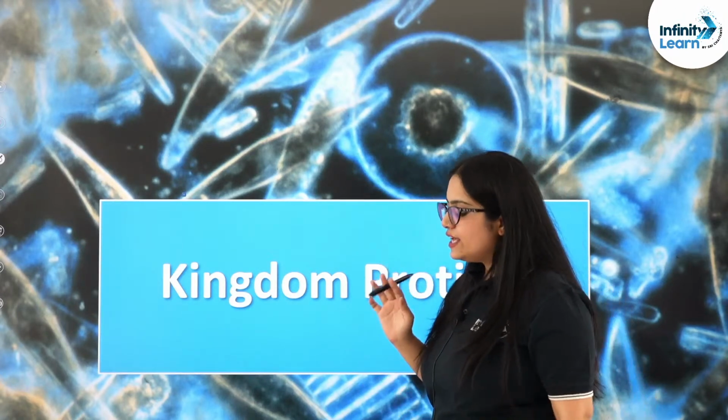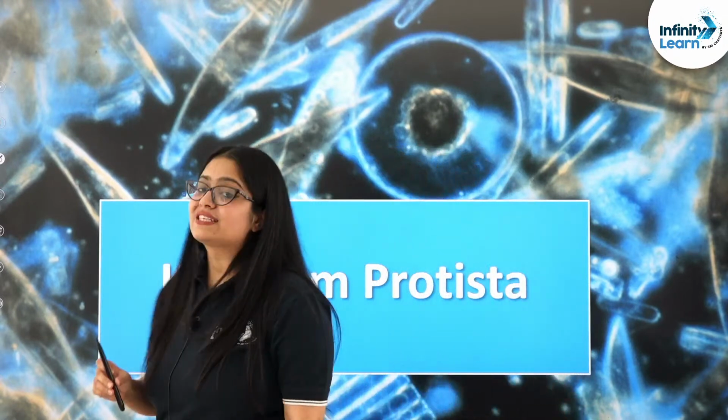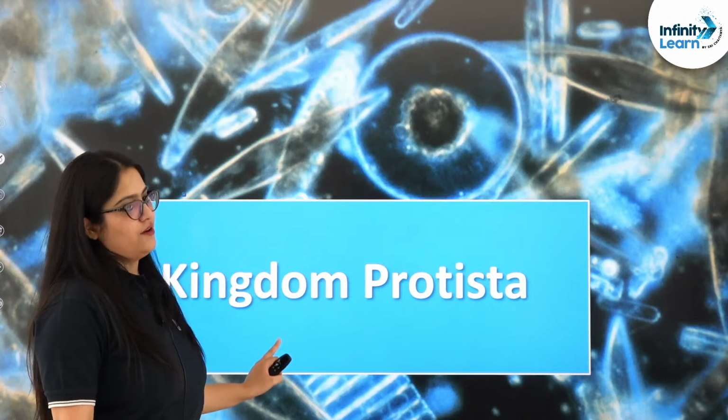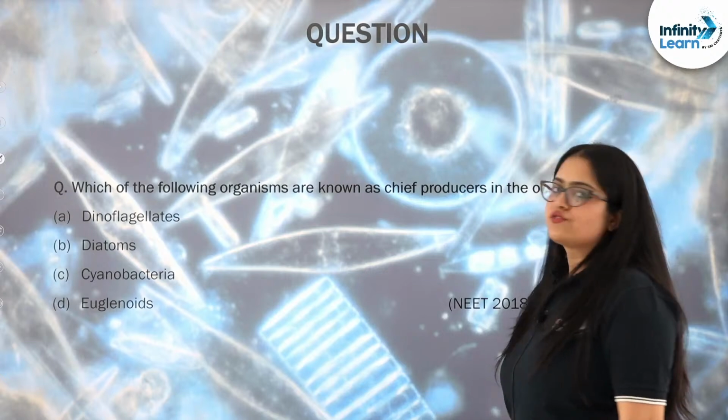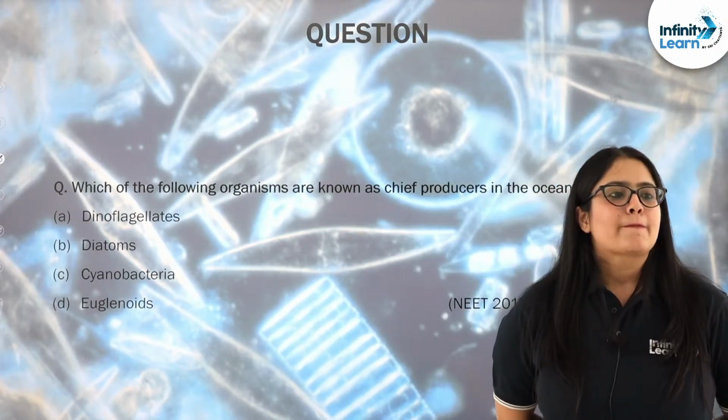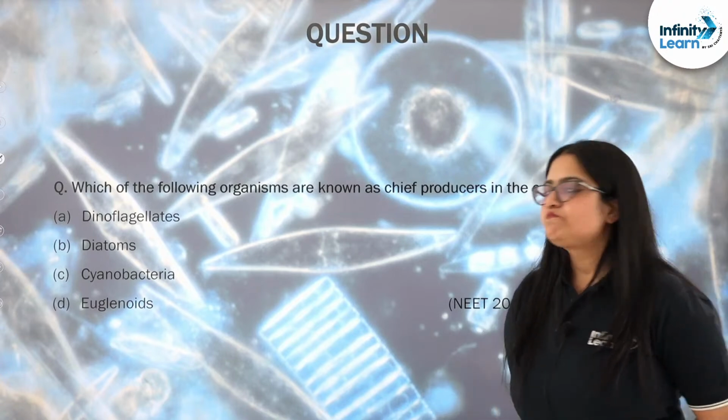Now, let us see what are the various questions that NTA has asked from kingdom Protista, right. Let us see the very first question. I really hope the question is visible to all of you. Is it so? Yeah.